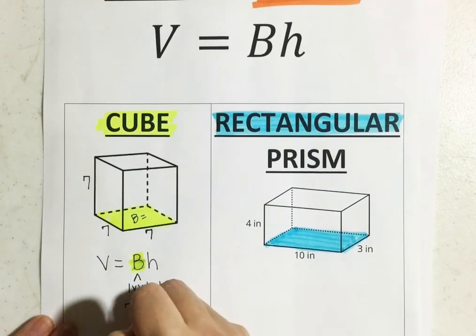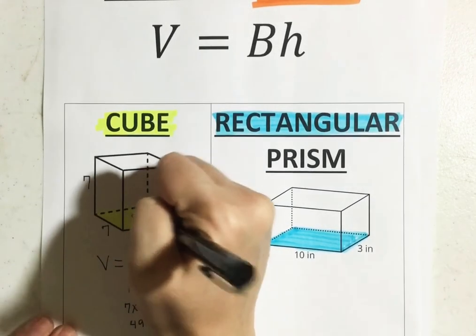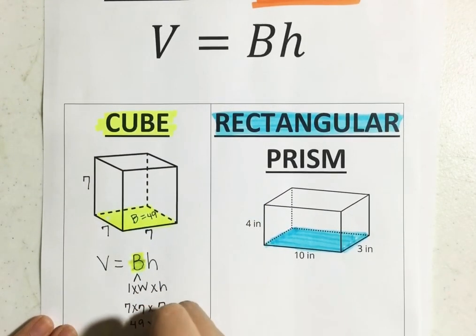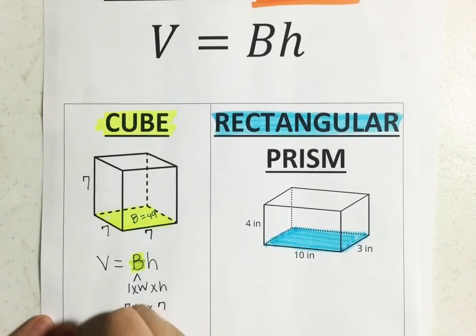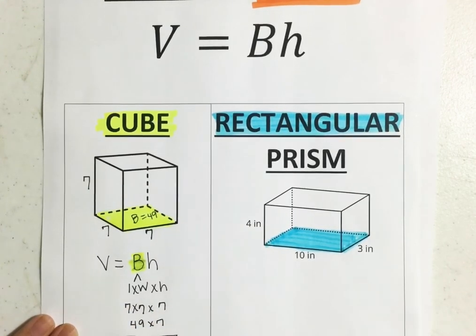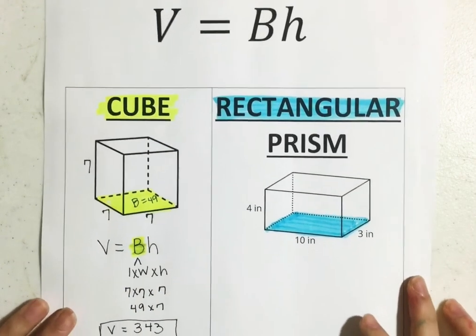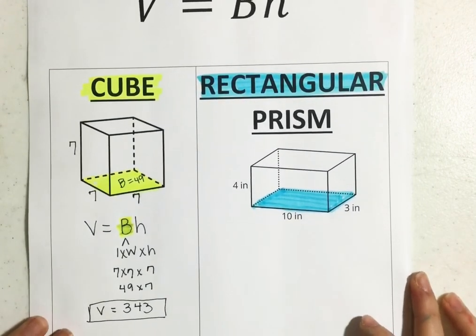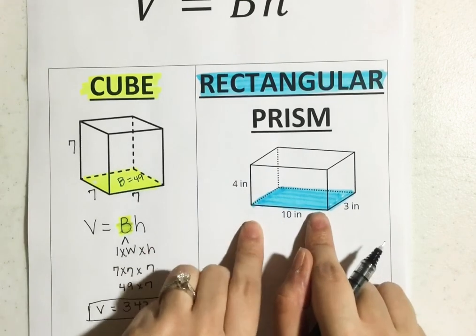So 7 times 7, that's 49 for the base, times 7 of the height. The volume would be 343. Okay, 343.